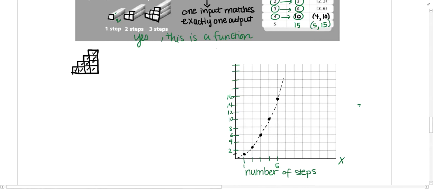You can't have like 1.5 steps, but I just want you to see the curve a little better. But now I'm going to get rid of that because that shouldn't actually be connected. Okay, so this is non-linear. So graphing is one way to see that.